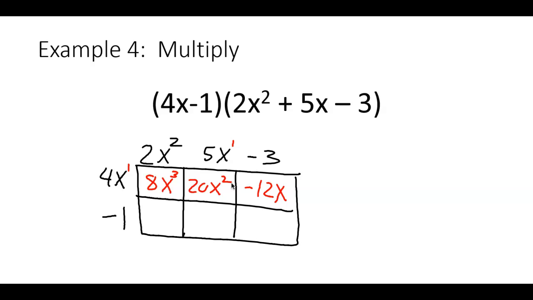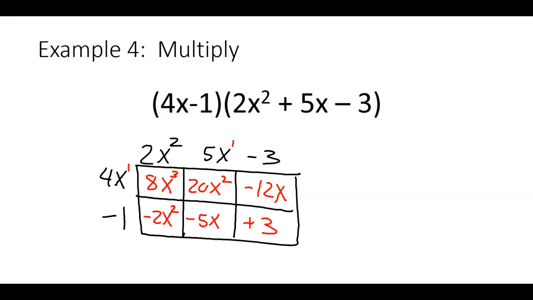Let's see if we could talk to David. What did you get for the bottom row? All right. So, once again, if there are like terms, they'll probably be diagonal from each other.